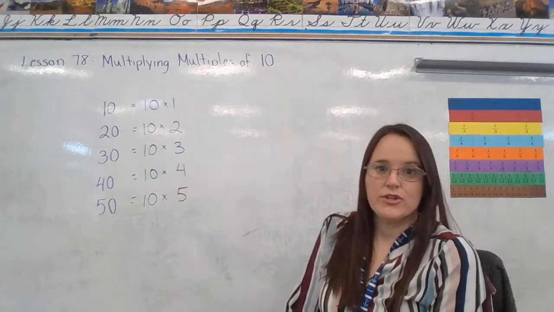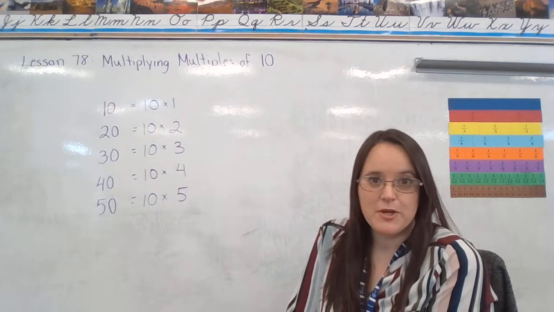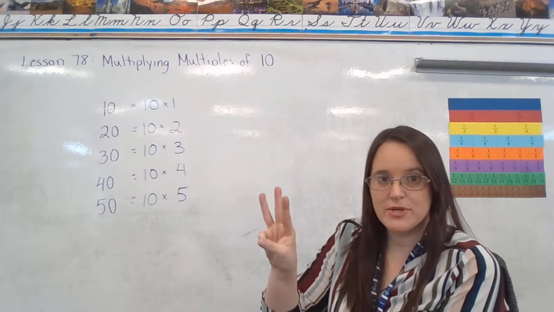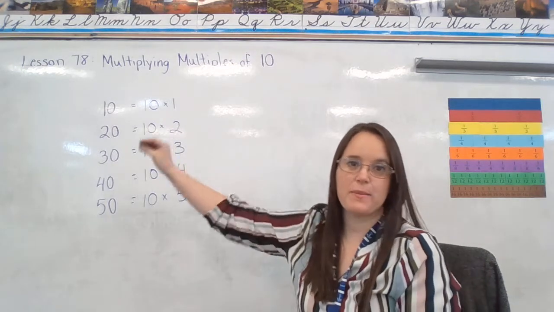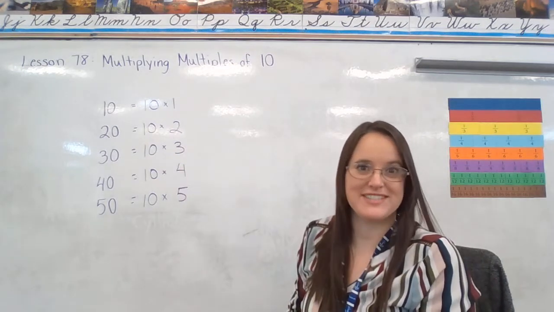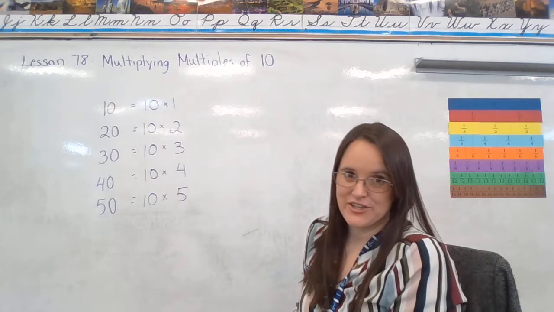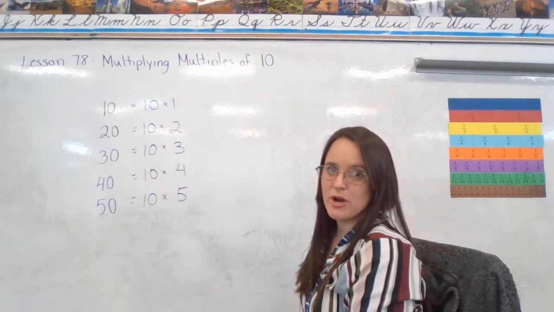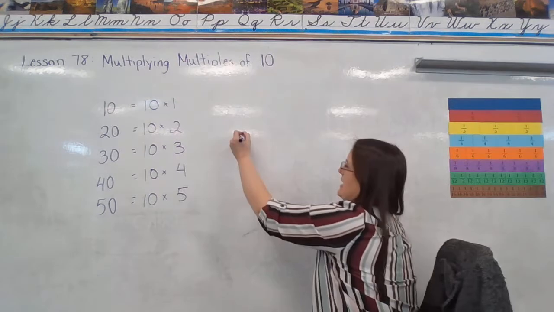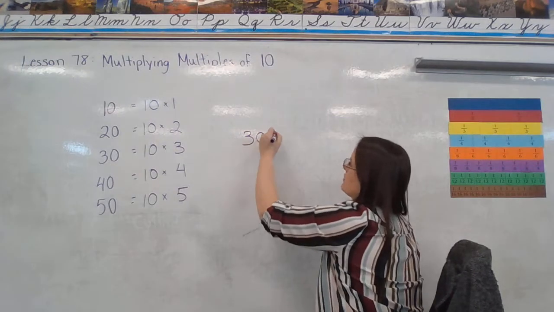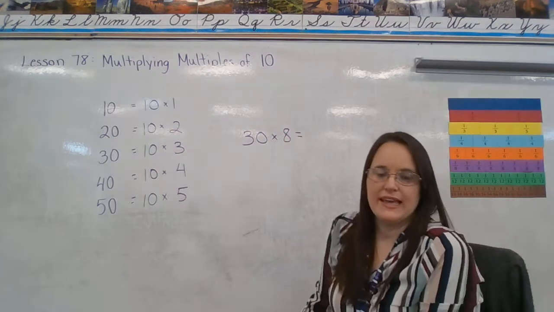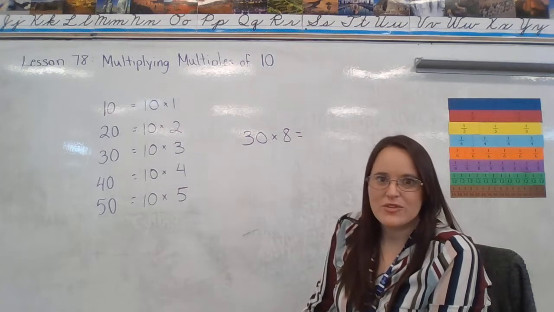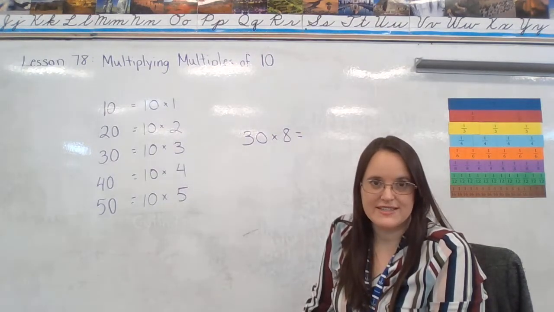So yesterday we talked about multiplying 3 numbers. We're going to use that concept to make multiplying by multiples of 10 easier. So let's say we have a problem where they want us to say the answer to 30 times 8. And we go, oh, gee, I don't know what 30 times 8 is.